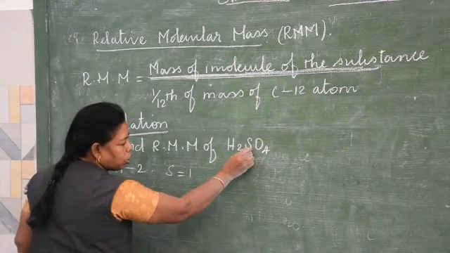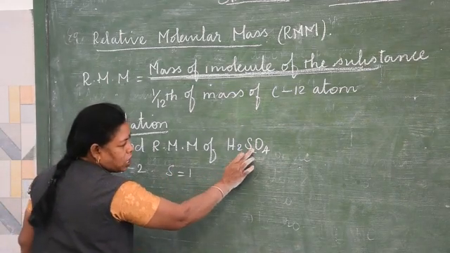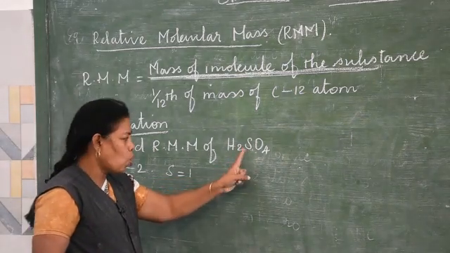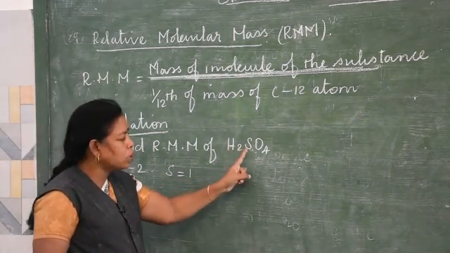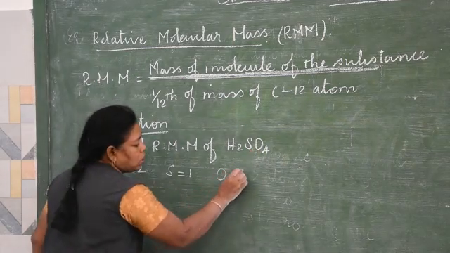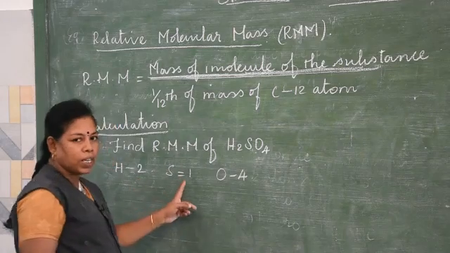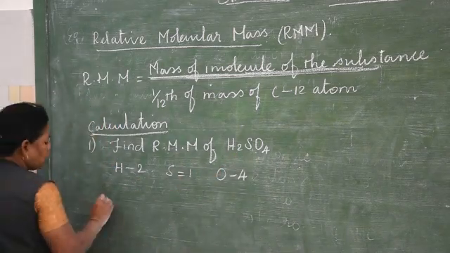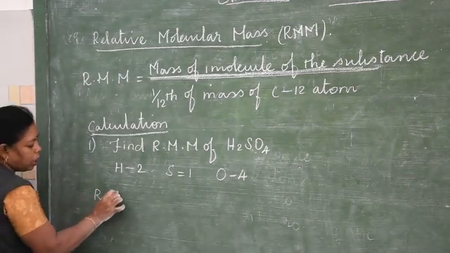If the number is not denoted, it means the suffix is 1. So hydrogen atom 2, sulfur atom 1 and oxygen atom 4. These are the numbers of atoms present in sulfuric acid, and now how to find the relative molecular mass.